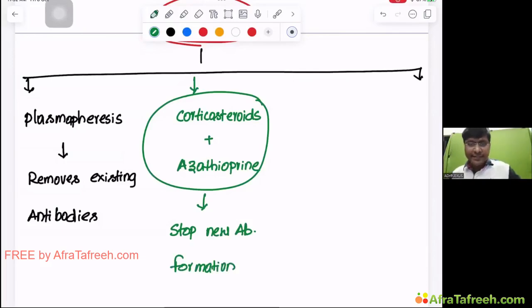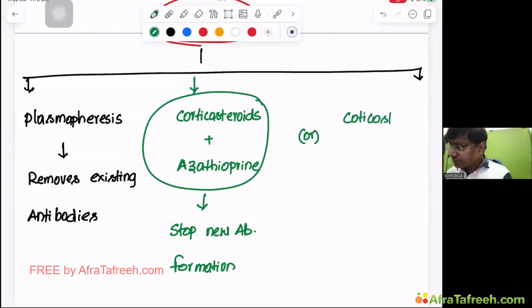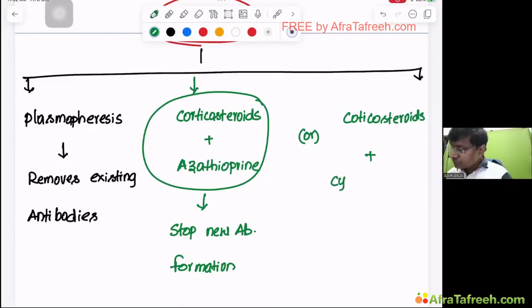Right? Now we have an alternative as well. Apart from corticosteroids and azathioprine, the alternative combination which can be given to control the inflammatory response is corticosteroids plus cyclophosphamide.